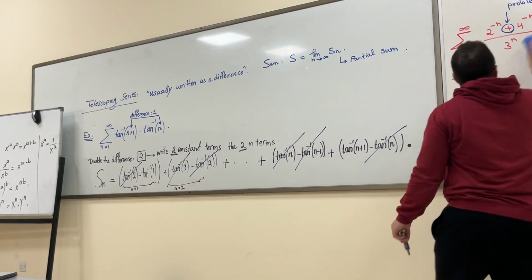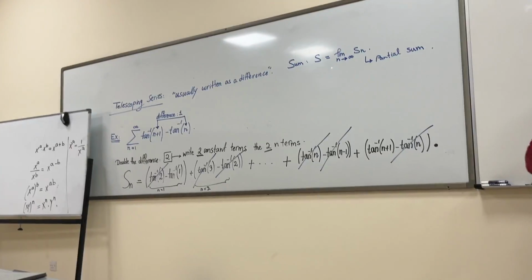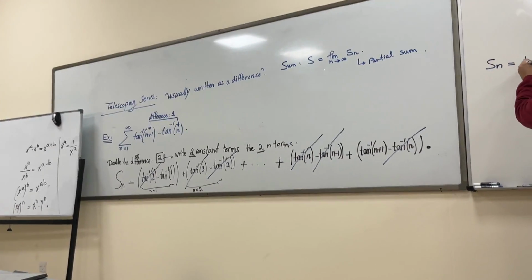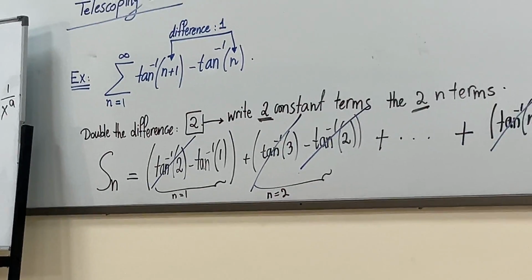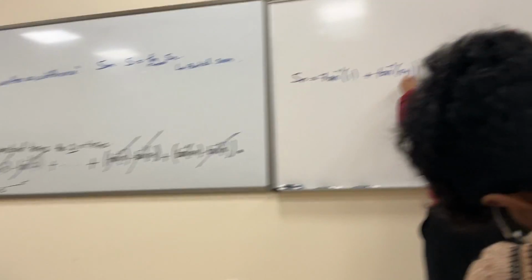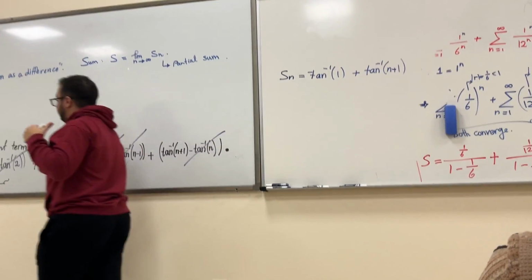Negative tan inverse of 1, so Sn equals negative tan inverse 1 plus tan inverse of n plus 1. How many times survived? 2 times.